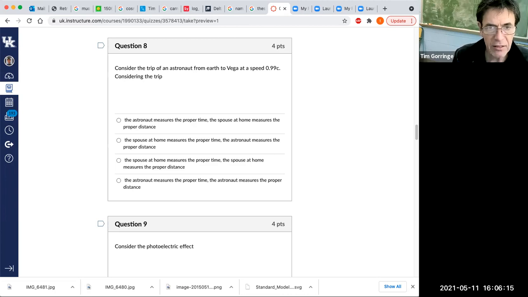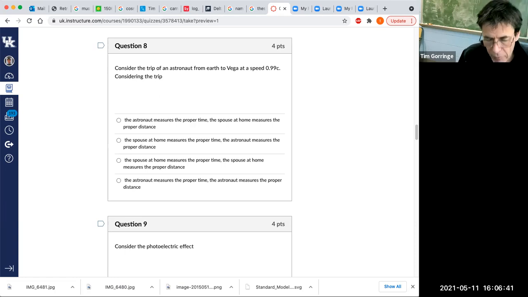The meter stick is at rest in that person's reference frame. And Vega and Earth are at rest in the spouse's reference frame. So the spouse measures the proper distance. It's like the spouse measures the distance, the proper distance of a meter stick at rest in their reference frame.